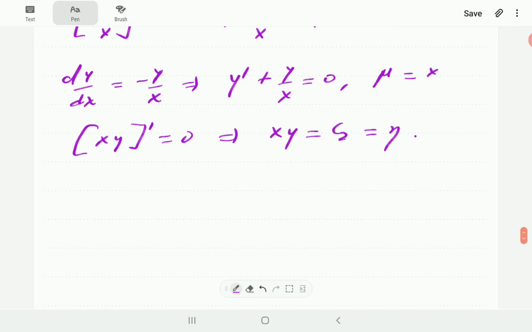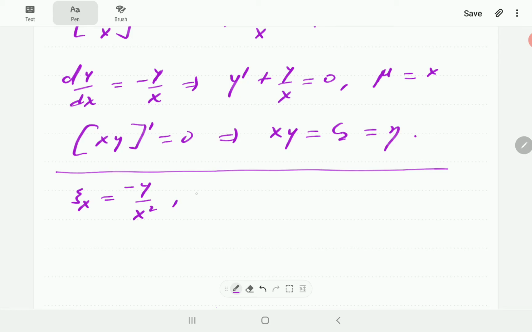Then in terms of the Jacobian, xi x is going to be minus y over x squared. Xi y is just going to be 1 over x. Eta x is going to be y. Eta y is going to be x.